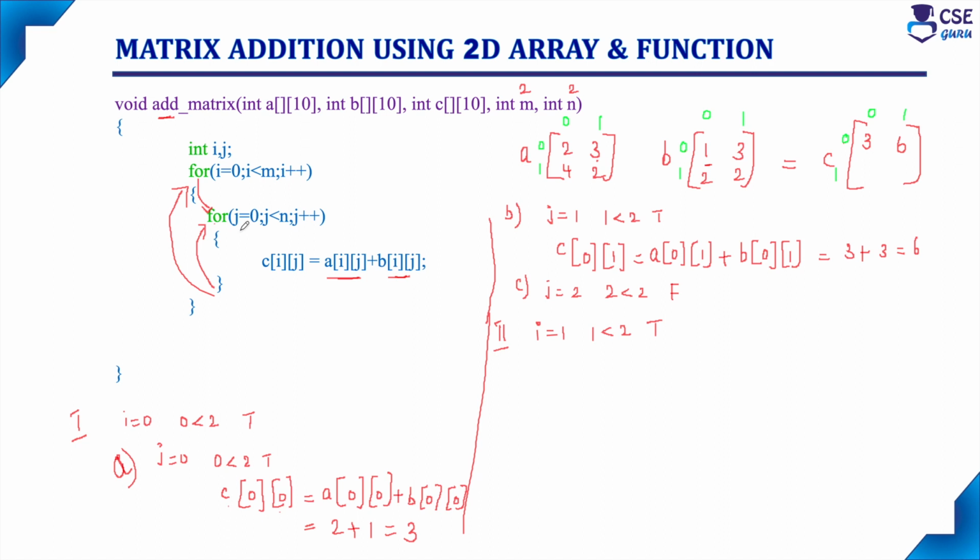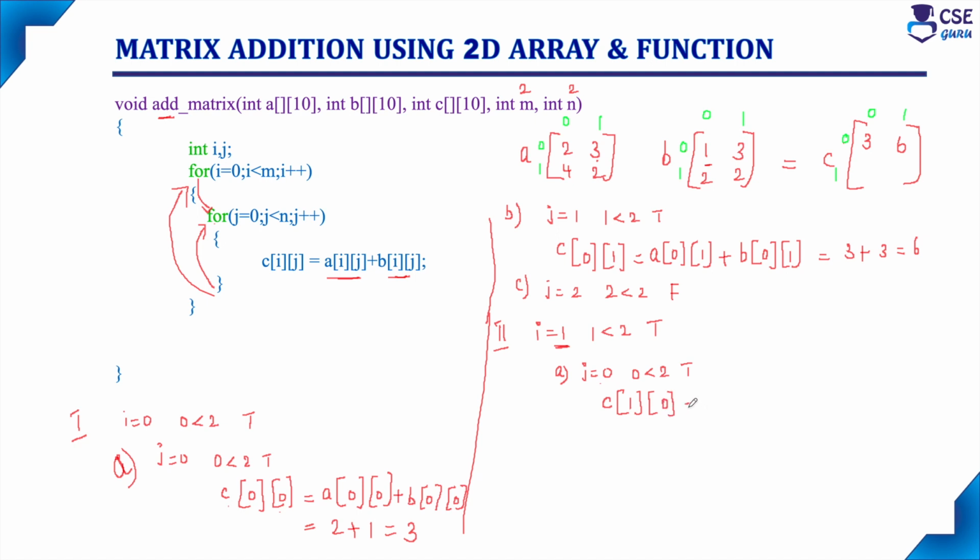Inner for loop, freshly it will execute from J is equal to 0. So inner for loop, first iteration. J equal to 0. Check the condition 0 less than 2. Condition is true. Then this statement will execute. C of now I value is 1. C of 1, J is 0.